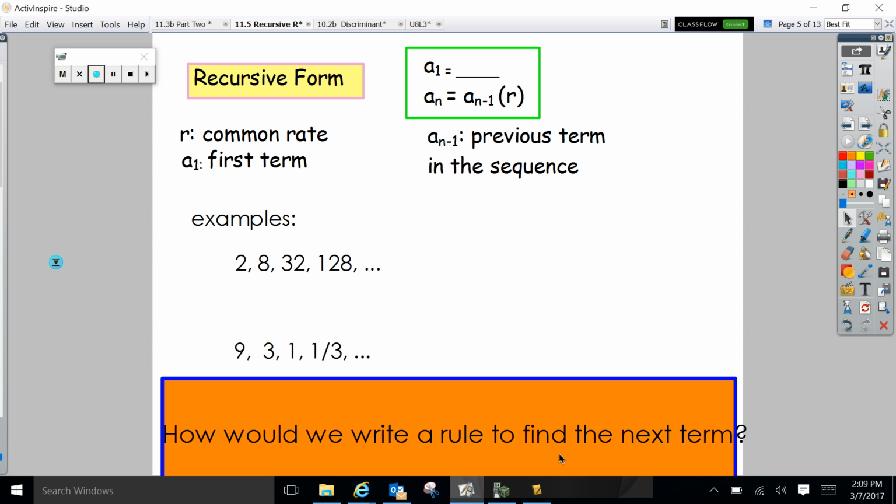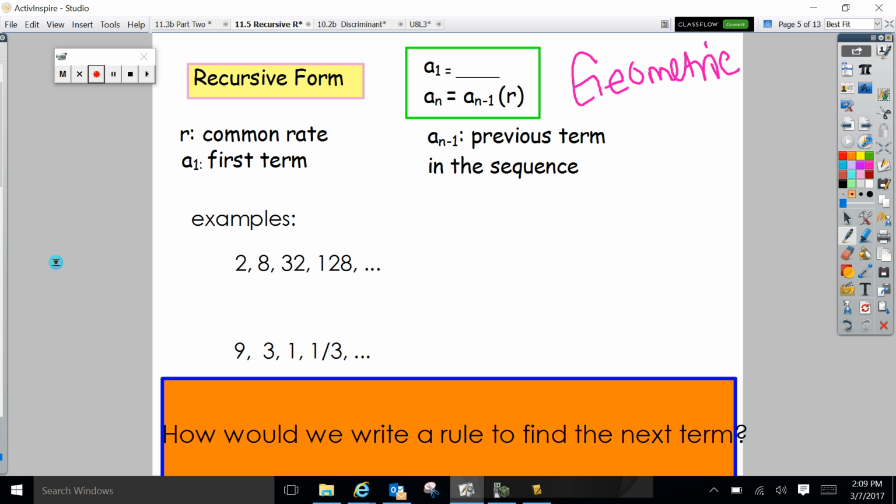The recursive form of a geometric series, I know it's geometric because it's giving me r, is you give me the first term, a sub 1 equals some number, and then you find a sub n. The rule is the previous term times r, where r is the common rate, a sub 1 is your first term, and a sub n minus 1 is your previous term.